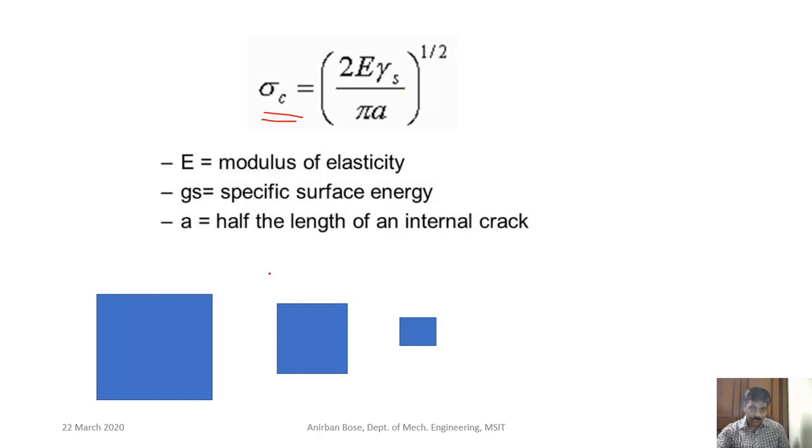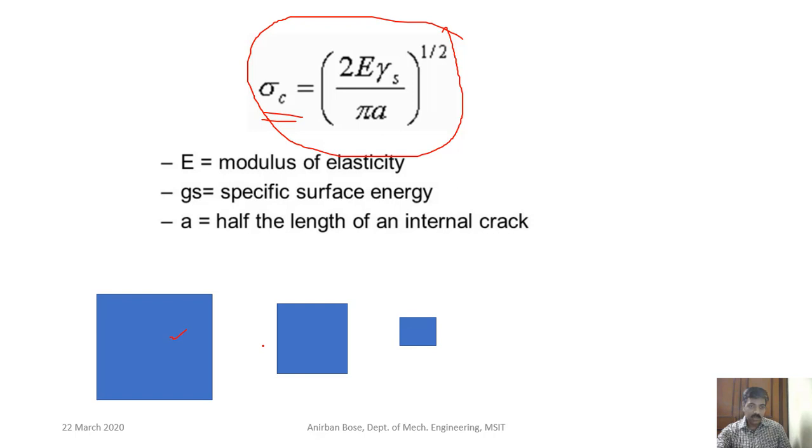Now this equation is very helpful in finding out whether a particular crack size is unstable or stable. That means whether it will fracture or not. So to predict fracture, this equation is really very helpful. And here I can tell you one problem. Suppose there are 3 samples of glass plates.